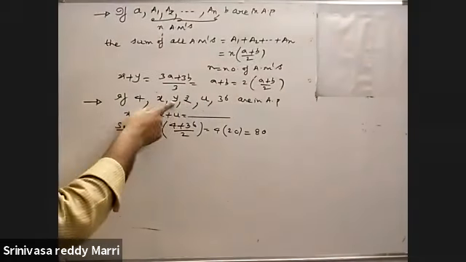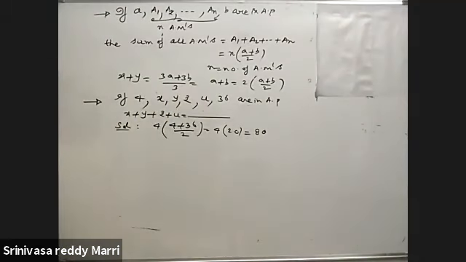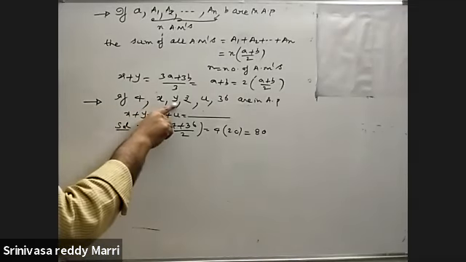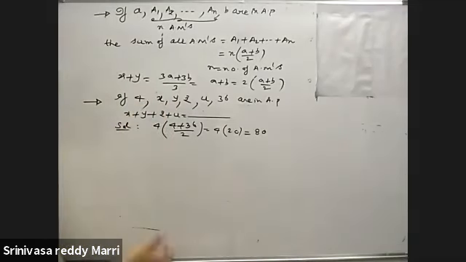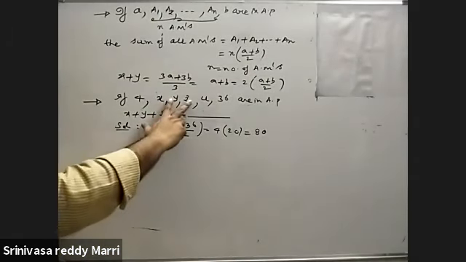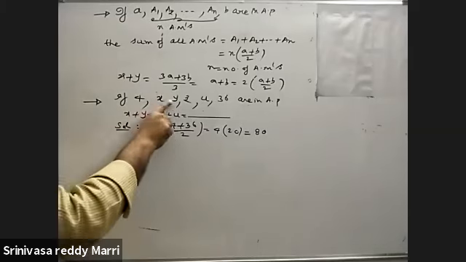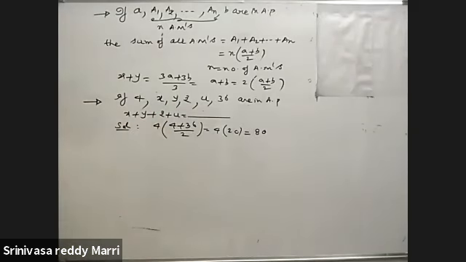You can calculate x, y, z, u and add also, but that will be more lengthy and difficult. Sum is the number of AMs, 4, into (a plus b) by 2.